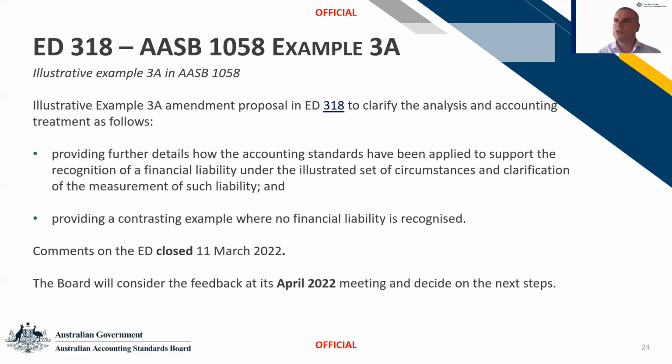To respond to those concerns, the board has issued proposed amendments to the standard and an amended scenario and conclusions, and added further clarifications on the recognition and measurement of the financial liability. The board also proposed to provide a contrasting example where the financial liability would not arise.